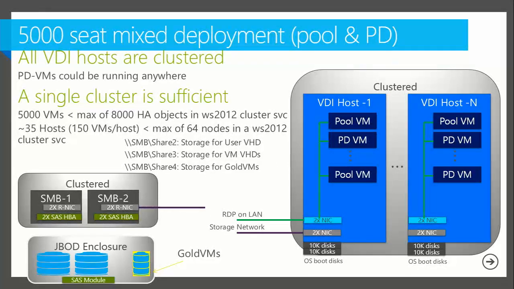And the number of nodes is 64 for clustering, and we're well below that. For 5,000 users, we need about 35 hosts. And in this model, all the load is on the central server. The storage has to be HA, especially for the PDs.